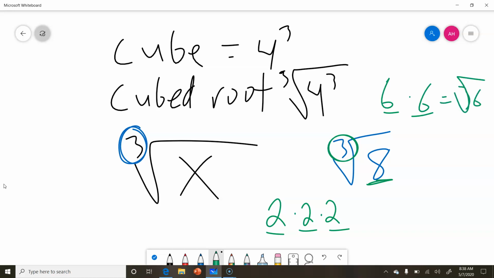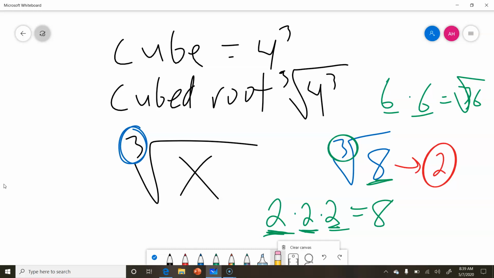That's our square root of 36. But this one is cubed. So when we do this 8, we get 2 times 2 times 2, which is 8. So the cube root of 8, the correct answer, is 2. So if you look at that page, you see that example.